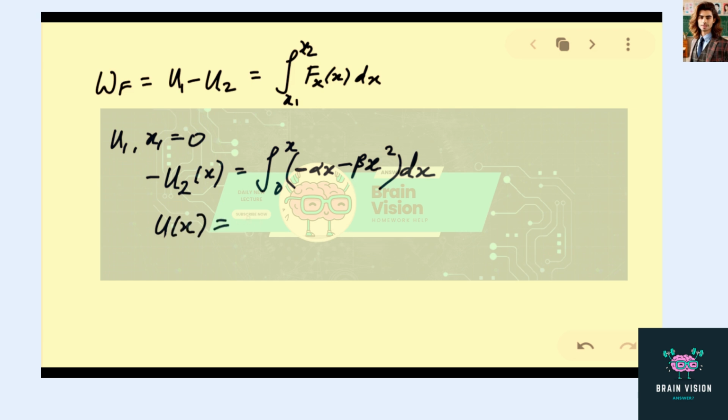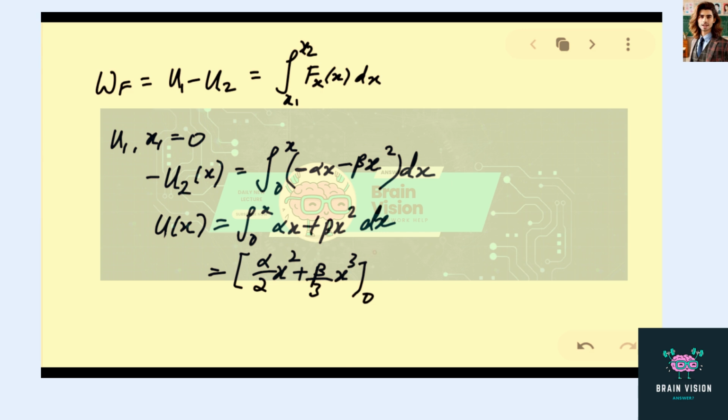So u of x is the integration from 0 to x of alpha x plus beta x squared dx, so we get alpha over 2 x squared plus beta over 3 x cubed. And so this is our expression for potential energy for this particular spring.